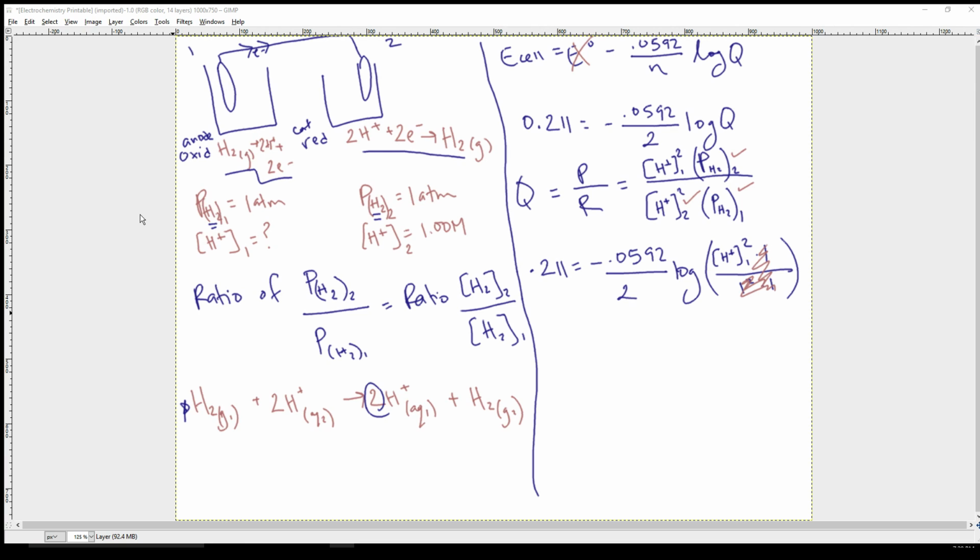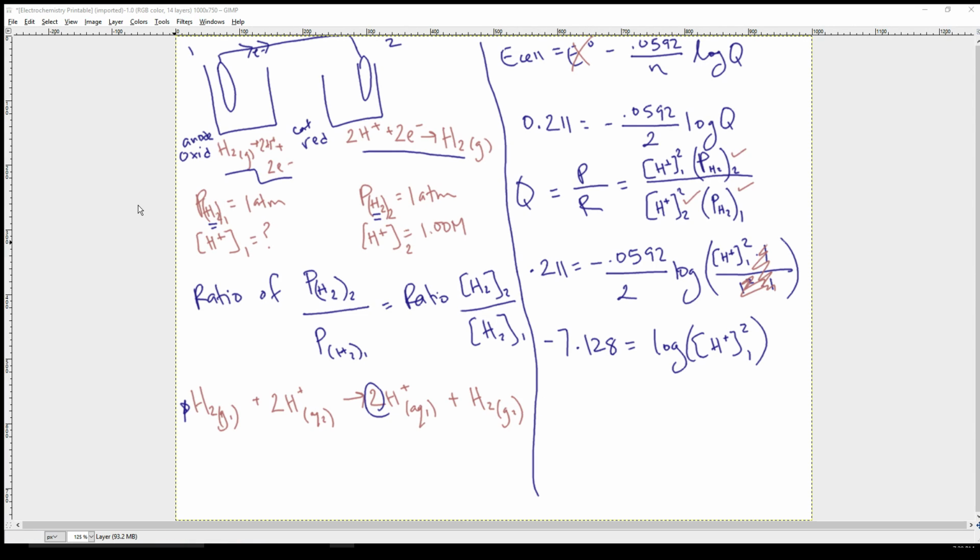So now I get to solve for the concentration of my hydrogen ions. If I multiply some stuff out, I'll end up with negative 7.128 is equal to the log of the hydrogen ion in cell 1 squared.